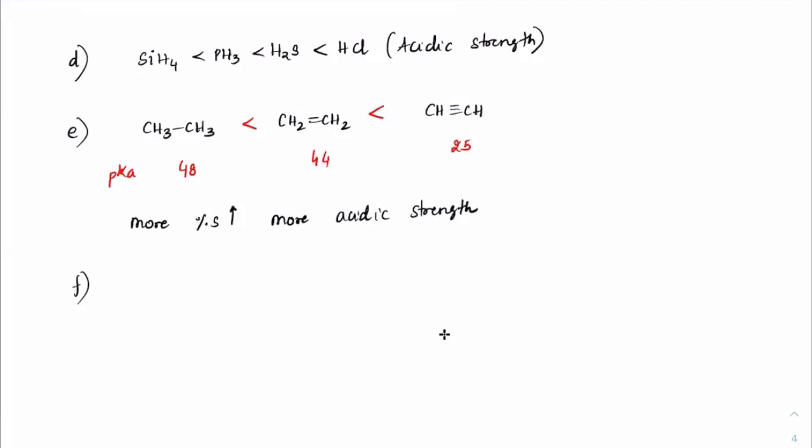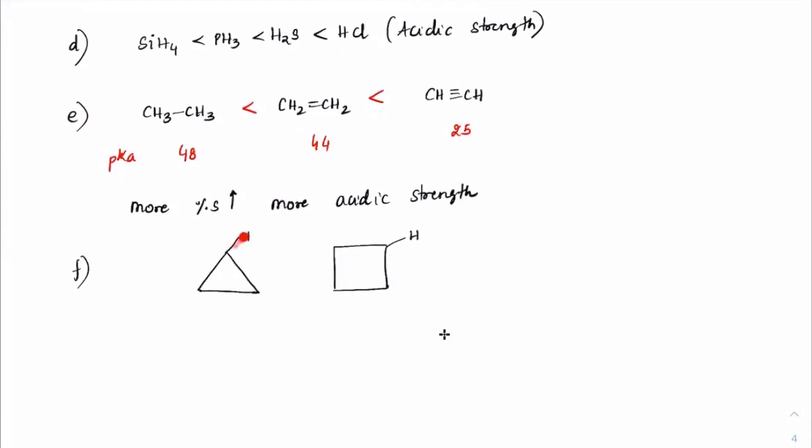Right, the next one. Suppose you are comparing cyclopropane with cyclobutane. Here we are considering this hydrogen bond with this one. Now, which one is more acidic? We have learned that when it comes to exo bonds, s character is more in them.